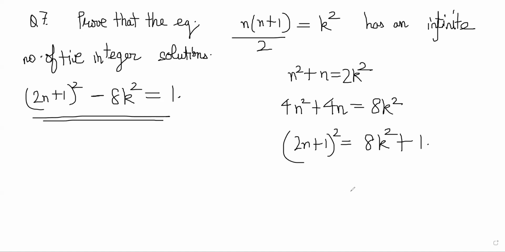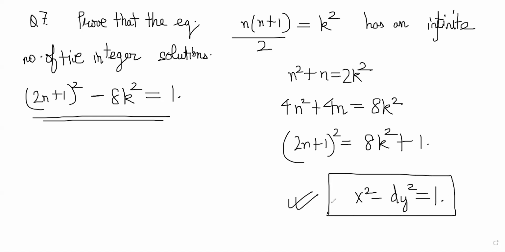Our form, our Pell's equation was x square minus dy square equal to 1, right? We had discussed that this Pell's equation has infinite number of solutions, right? So here you can write it as 2n plus 1 whole square minus 2 times 4k square or 2k whole square, right? Equal to 1, right?